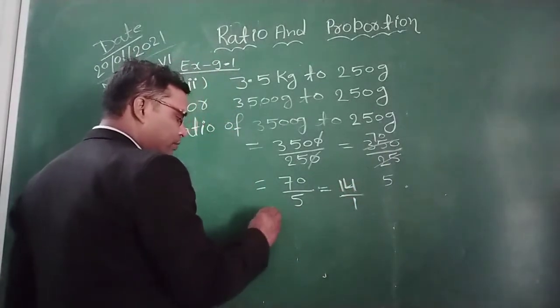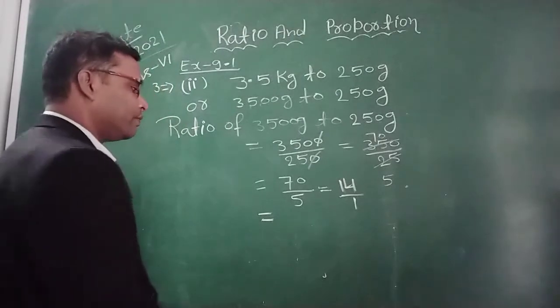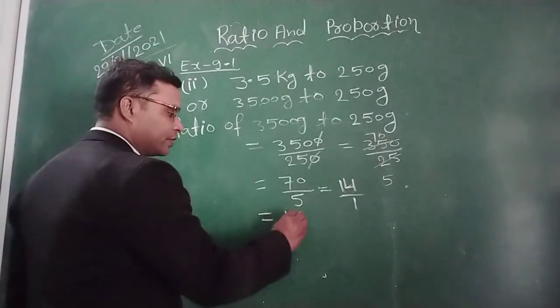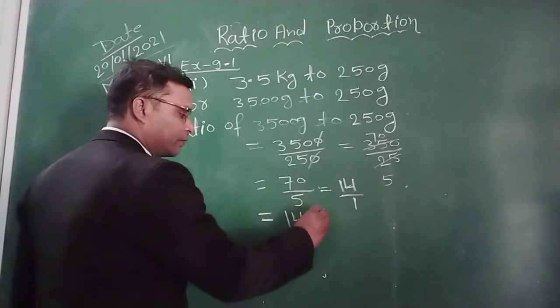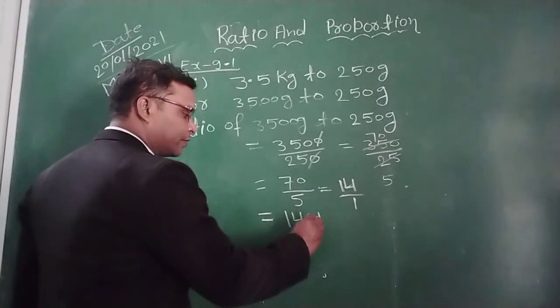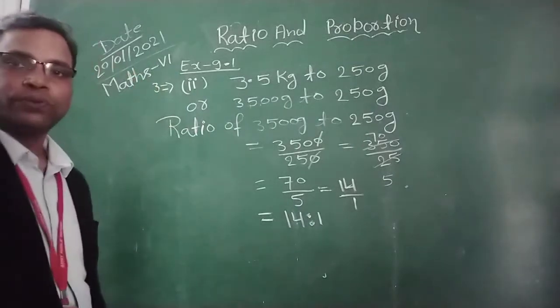So you can write it 14 ratio 1. Okay, 14 ratio 1.